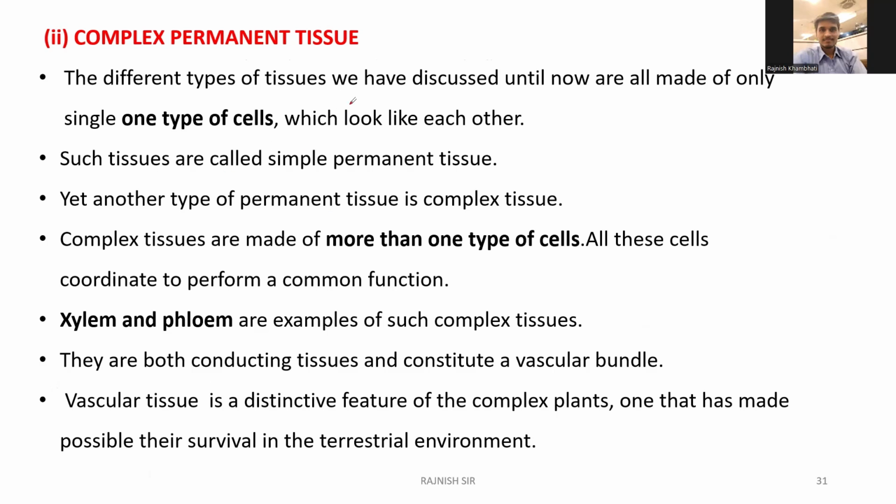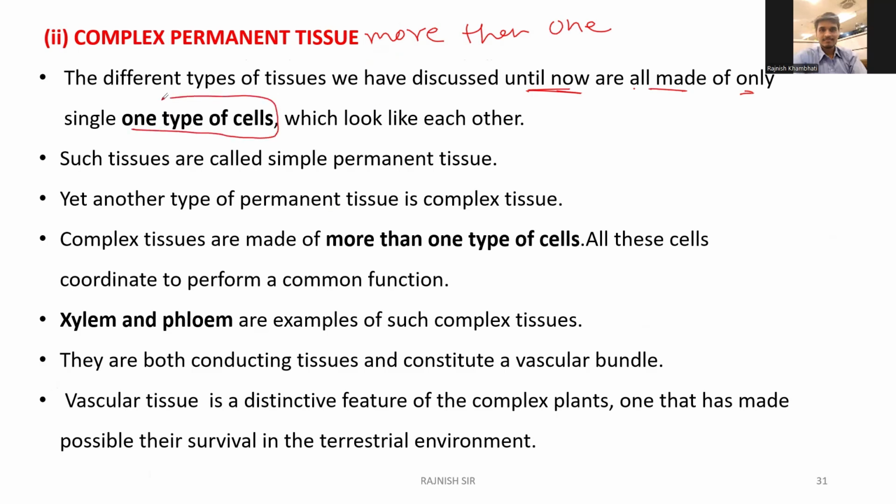Now, remember that they are called complex because they are made up of more than one type of cells. The different types of tissues we have discussed until now are all made up of only one type.